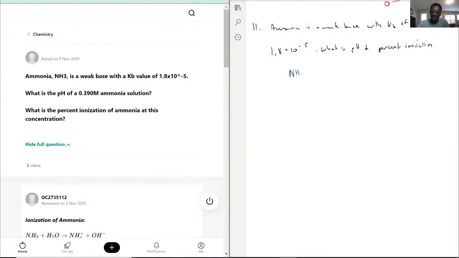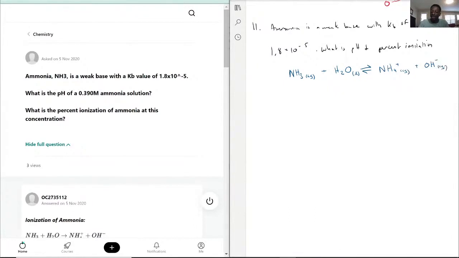That would be NH3, aqueous solution or gas, but most likely aqueous solution to actually mix with the water, plus H2O, liquid, turns into NH4 plus aqueous plus OH minus.